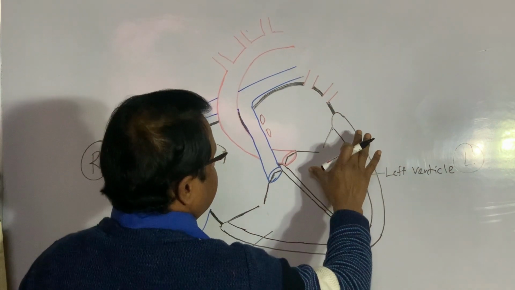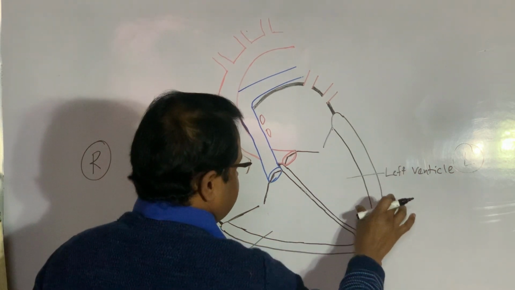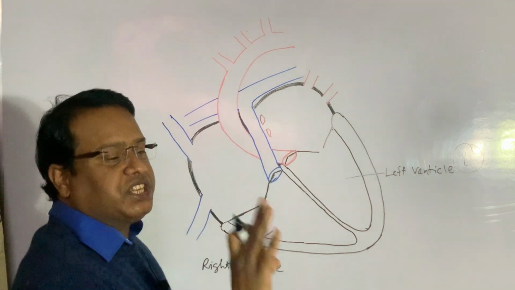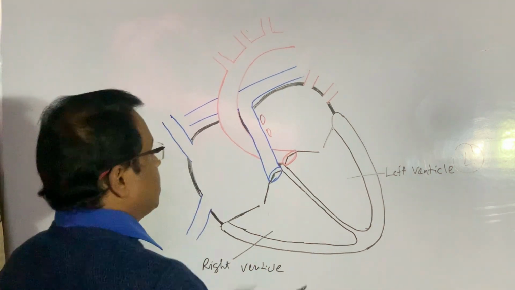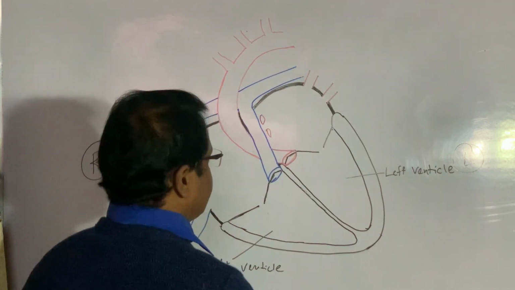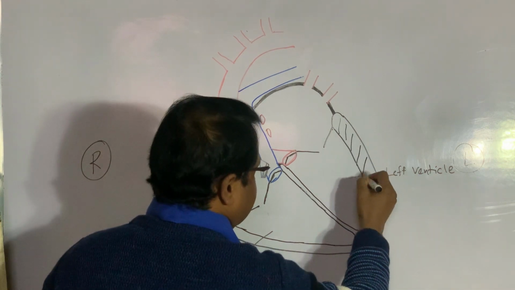The left ventricle wall is much thicker because it has to generate much more pressure to eject blood throughout the body. Relatively, that is the left ventricular wall.